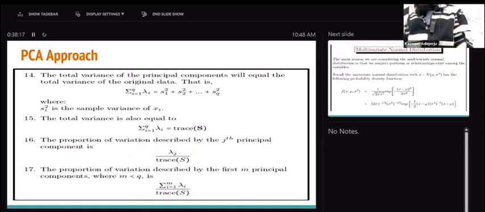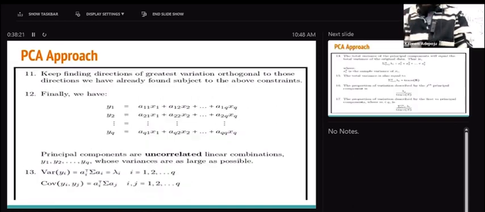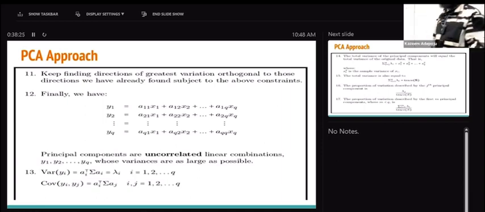I'll go quickly. Now, when you take a look at what I have in equation 12, that is just to tell you that if I have Q explanatory variables that are correlated, then I'm also going to have Q principal components that are uncorrelated. And each of the new principal components is a linear combination of the old ones.